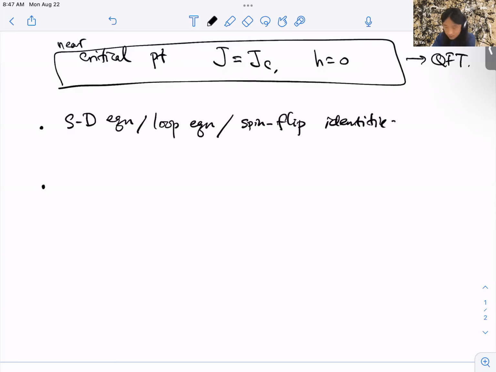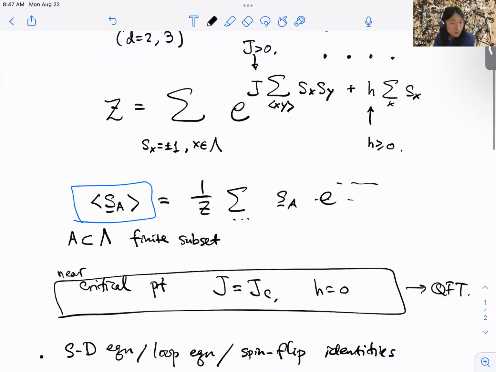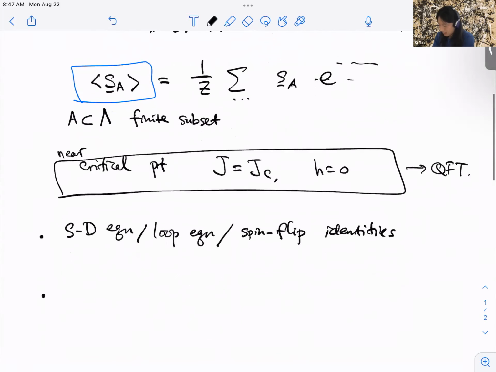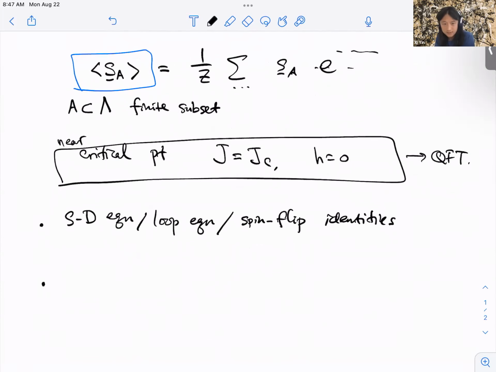These things, even in the Ising model context, were well known for many decades, because people tried to come up with various clever ways to solve the model to the extent one can. By the way, I should mention that the 2D Ising model at vanishing background magnetic field is known to be exactly solvable. We can come up with a very non-trivial but completely explicit determinant formula for spin correlators.